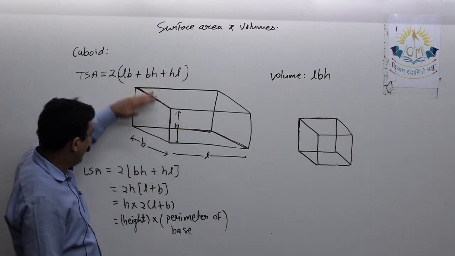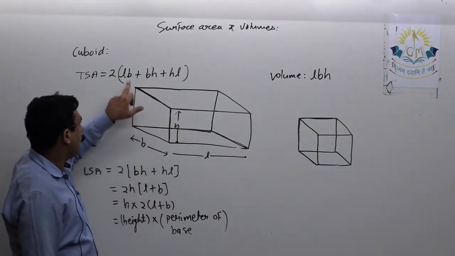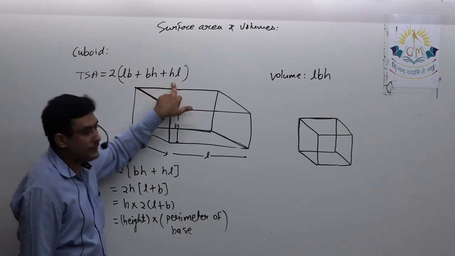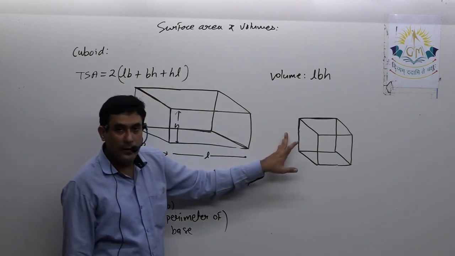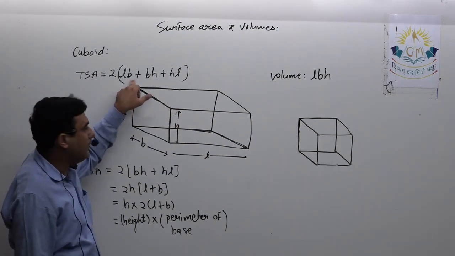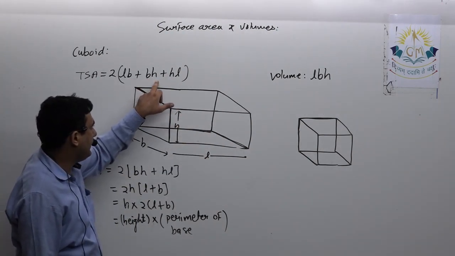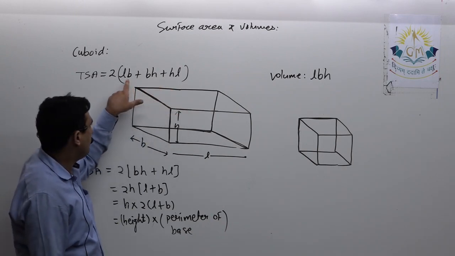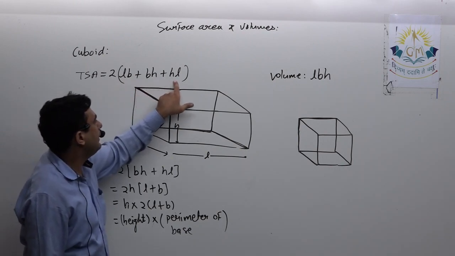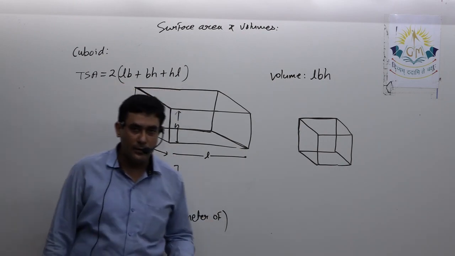First we can get them with the help of these formulas. For example, here this is L into B, B into H, H into L. For a cube, L, B, H are the same. So here in place of B I can put L, here again L, and here again L. So this will become L square plus L square plus L square, that is 3L square, multiplied by 2, that is 6L square.